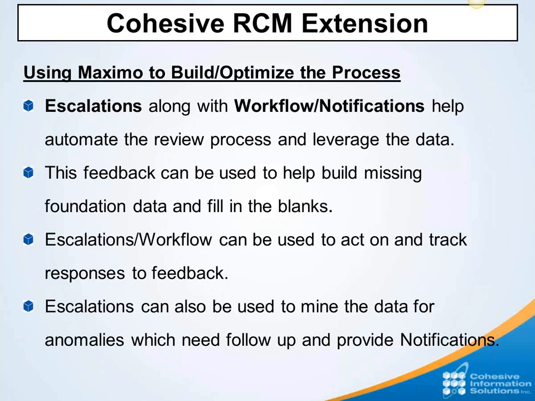So some examples, we can use that feedback to help build out those missing foundational data, whether it be failure codes or criticality codes. We can use this process to track and act on feedback. We can also use it to look for anomalies where our maintenance strategy may not be as effective as we would hope it would be.